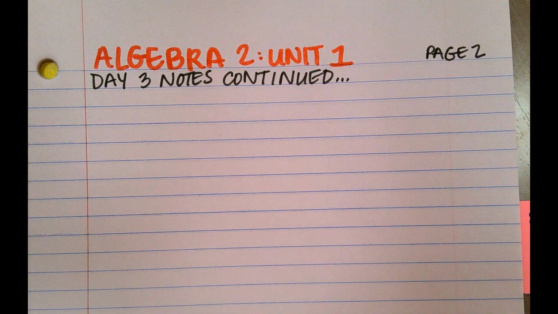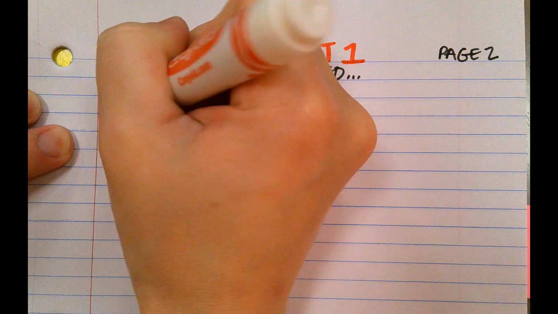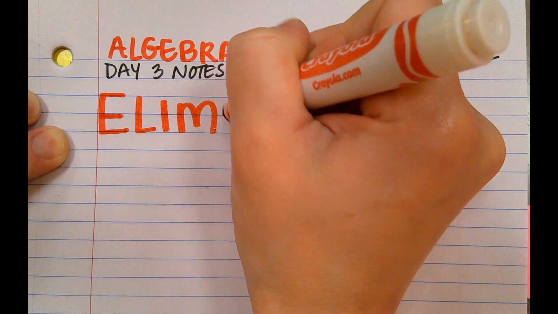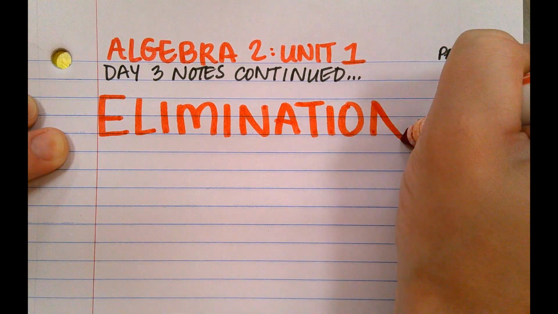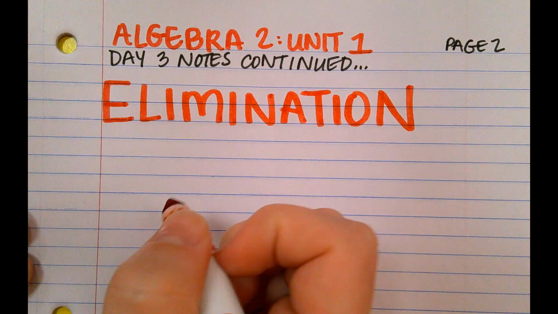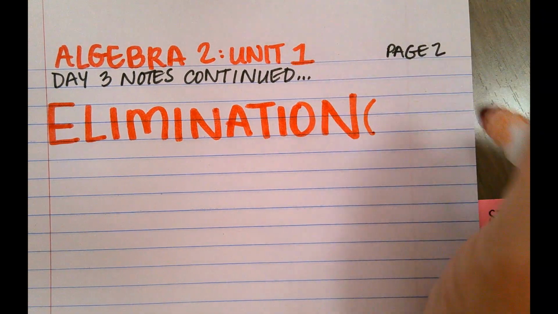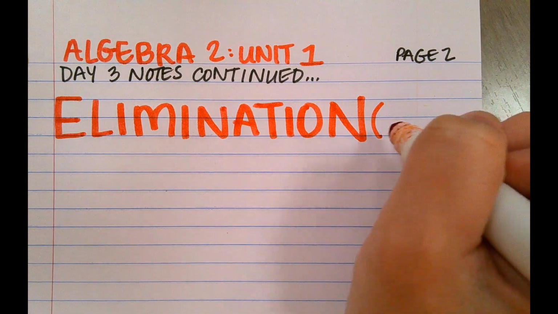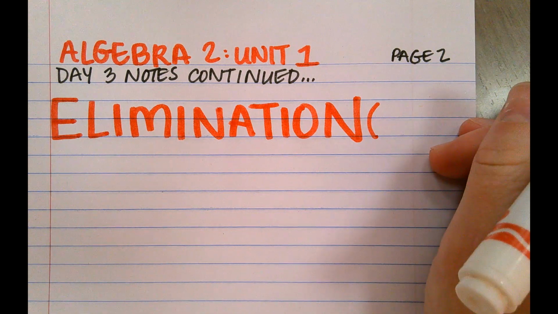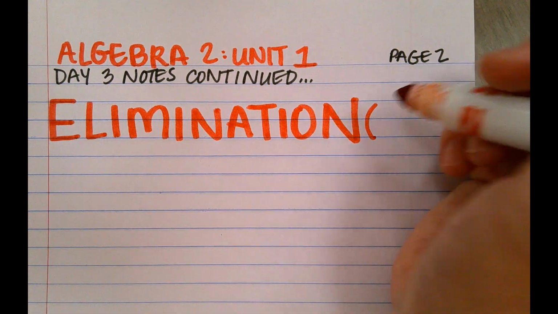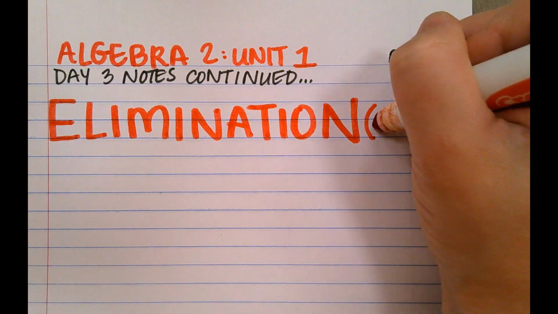I'm going to write elimination again at the top, and now we're going to write out some steps that we can look back at. Right beside the word elimination, I am going to write real small in parentheses, no multiplying. This won't make a ton of sense to you today, but it will later, probably tomorrow. Well, maybe next week. That's a good note to make. No multiplying.